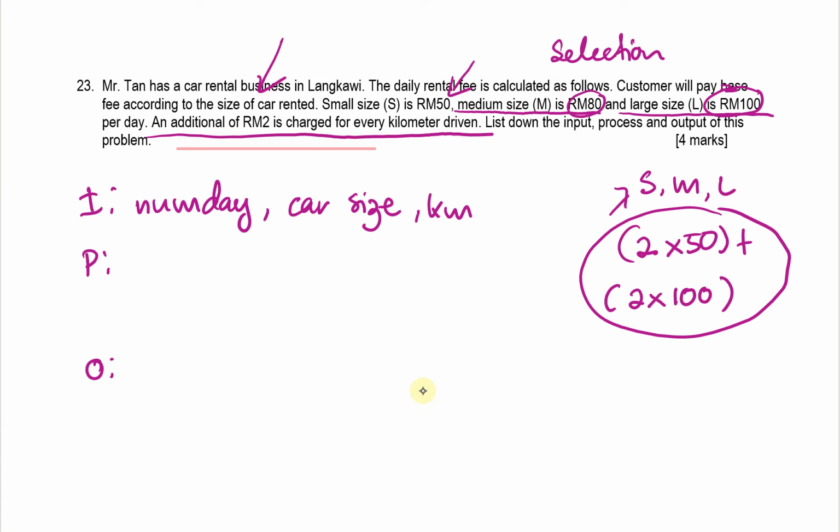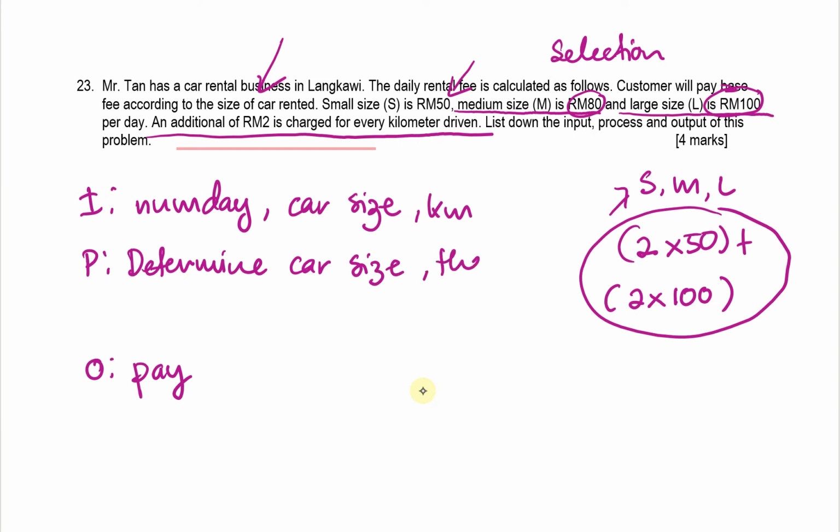Now how about the output? Sorry, actually you have to write the output first. Pay. Next, what is your process? Determine car size first.